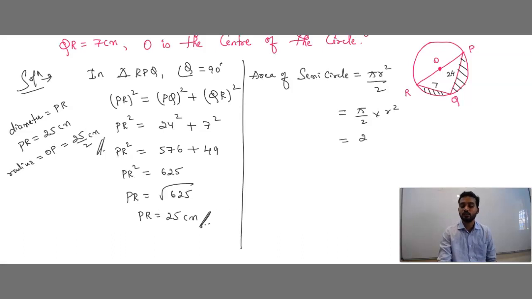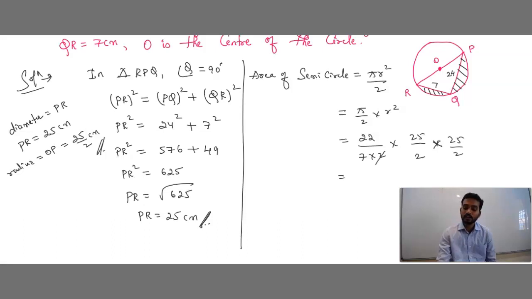Correct? 22 by 7 into 2 into r square is 25 by 2 into 25 by 2. Because 2 is denominator, again 22 by 7 is also denominator. Right? Now if you are going to calculate this, 22 by 7 into 2 into 25 by 2 into 25 by 2, you will be getting the final answer.